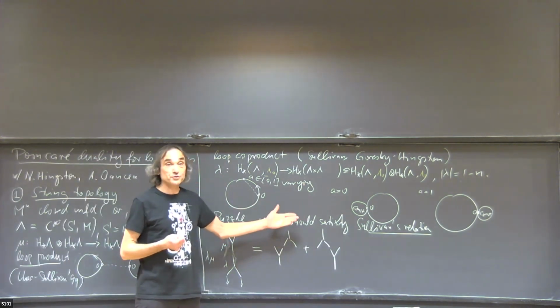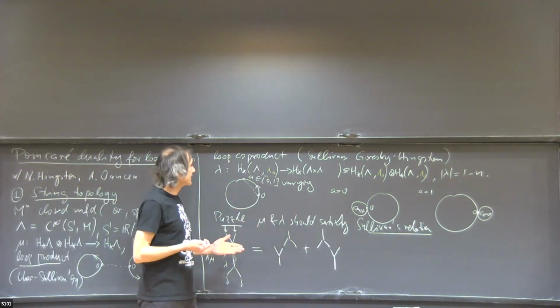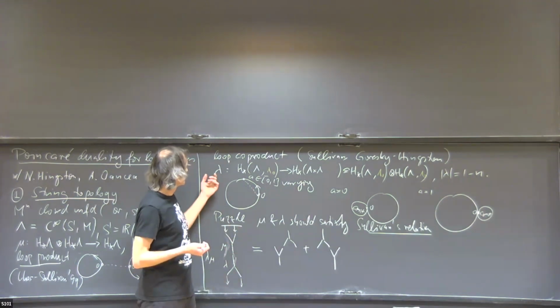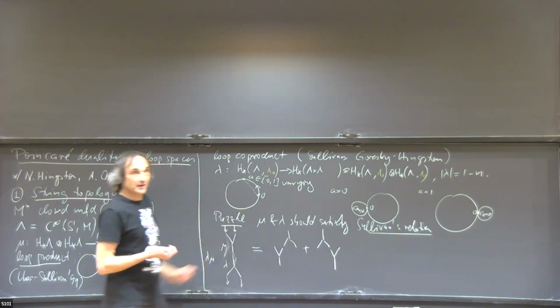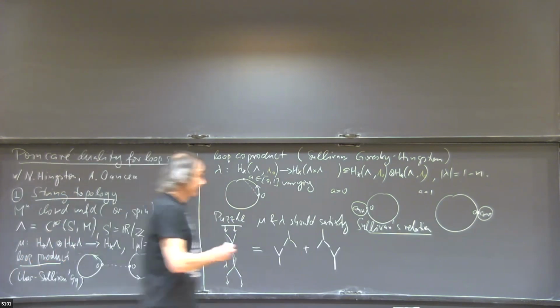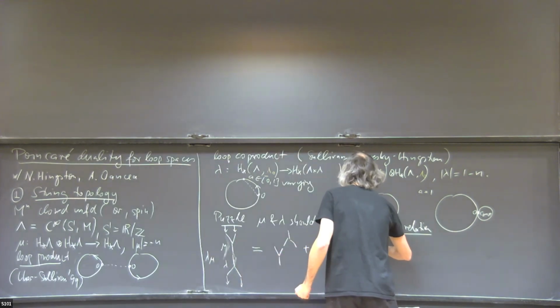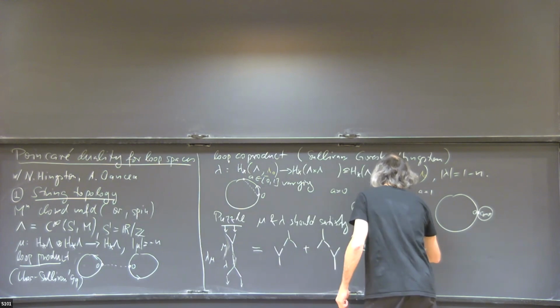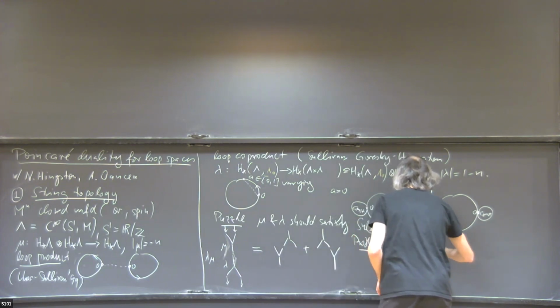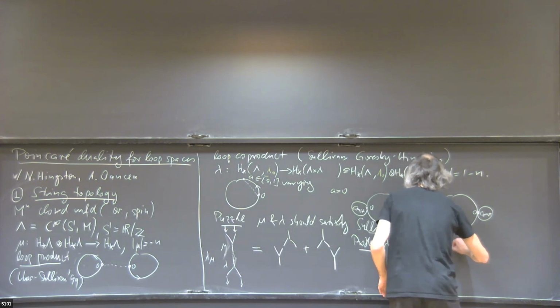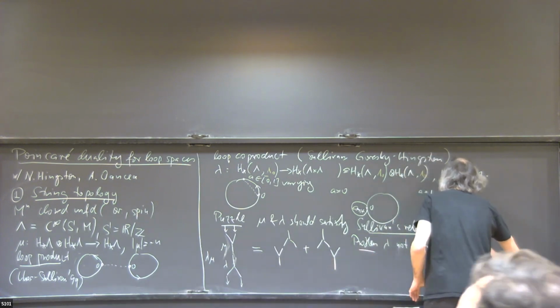So is this true? Before it has any chance of being true, first of all, we would like lambda and mu even to be defined on the same space. Because right now, the problem with this one is that lambda is not defined on the full homology.